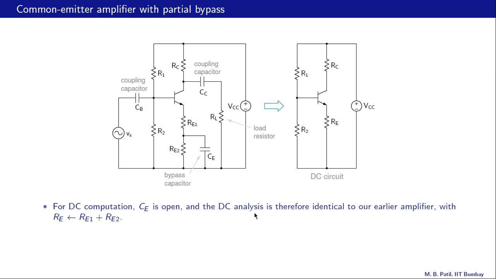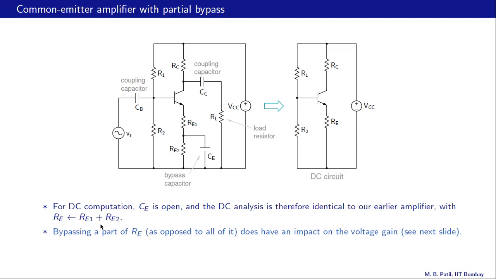So the DC analysis is therefore identical to our earlier common emitter amplifier with RE equal to RE1 plus RE2. We don't need to do it again. But bypassing a part of RE as opposed to all of it, like here, does have an impact on the voltage gain, and that we will see in the next slide.